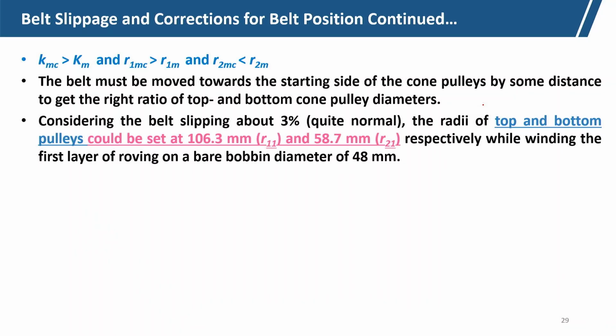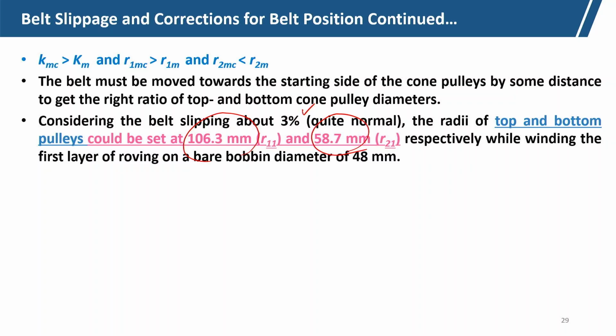Now, considering the belt slippage is 3%, quite normal, we consider the radius of the top and bottom cone pulley should be adjusted to 106.3 millimeter and 58.7 millimeter.